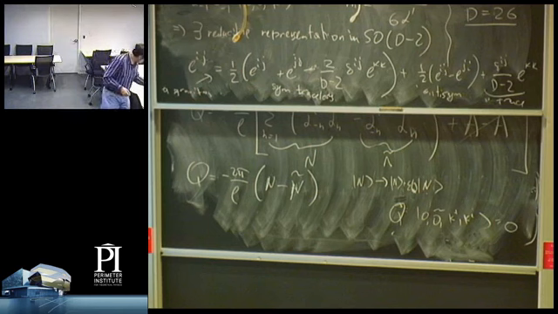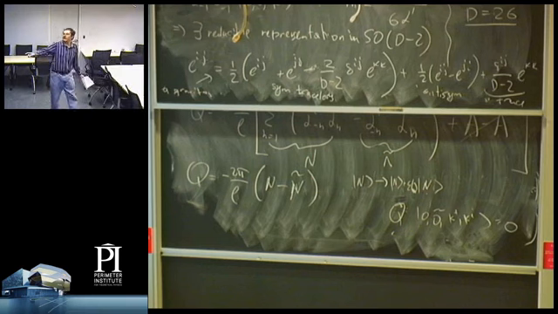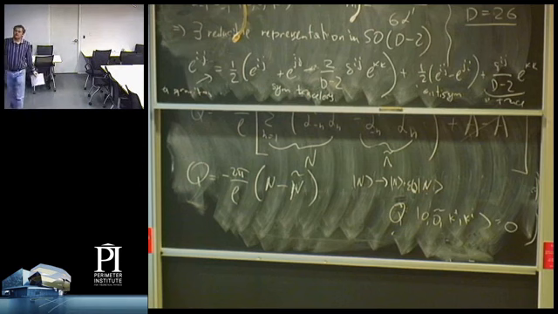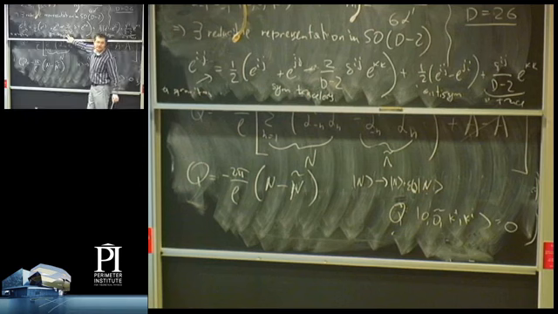I can repeat exactly the same words as with open strings. Once you have this massless vector boson there, that leads to a gauge symmetry. Here you have a graviton, and once the interactions are turned on, you will naturally get Einstein gravity, an interaction described by the Einstein-Hilbert term plus additional corrections.